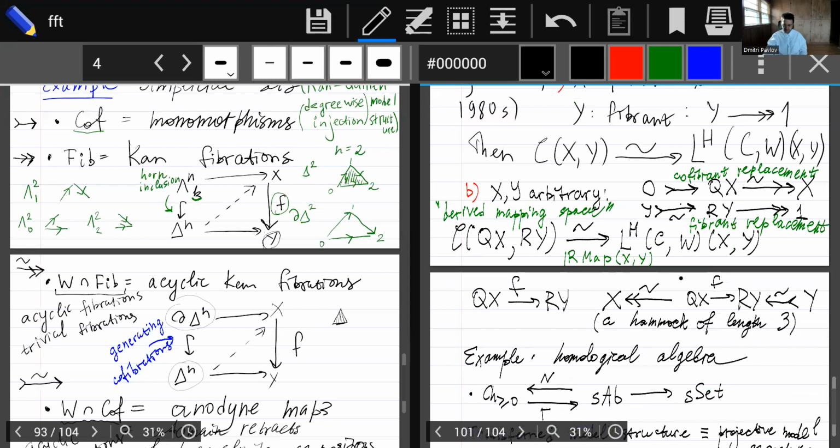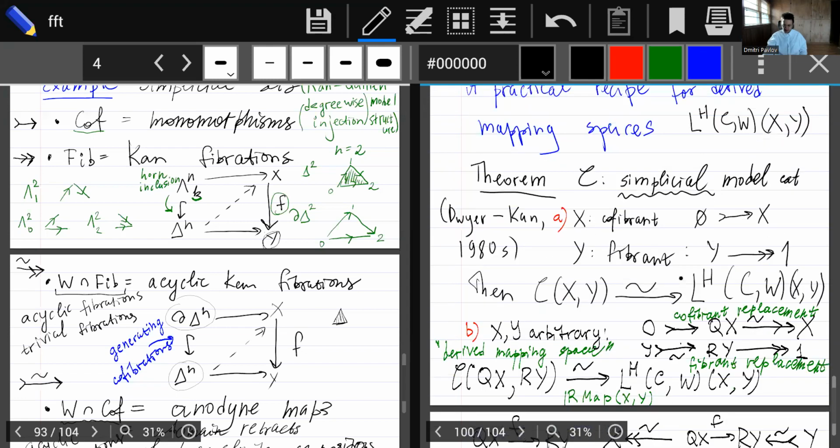All right, so let me very briefly mention, as a motivation for what we do later, a result due to Dwyer and Kan from the 1980s, which connects to what we studied previously, the hammock localization.